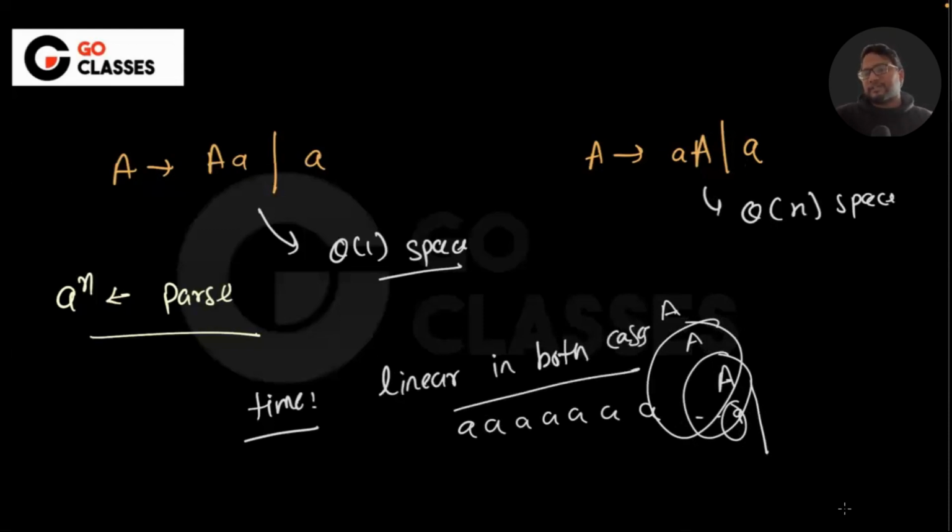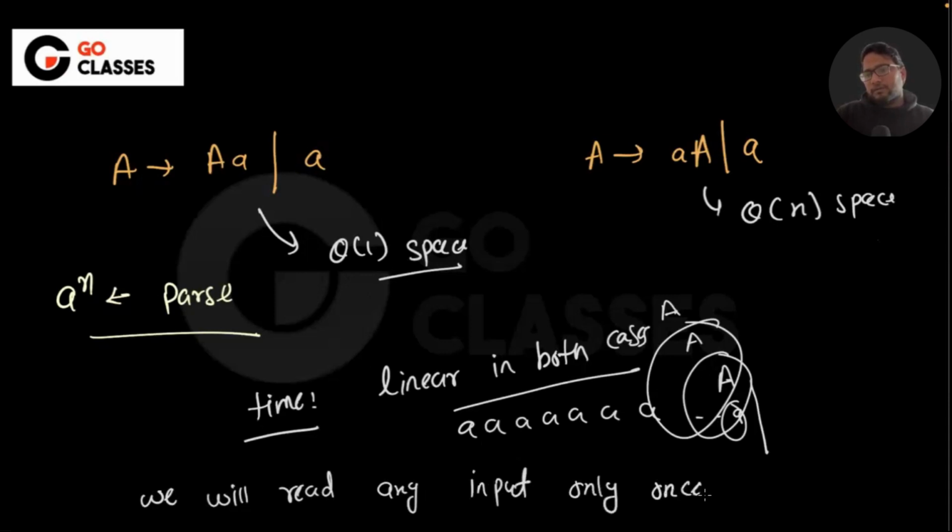It is just the space. In case of space, the stack will be taking less space here and more space here. Why is the time the same? Because we will read any input only once, and then we will be taking the decision. Maybe it is 2n, 3n, but it will be linear.